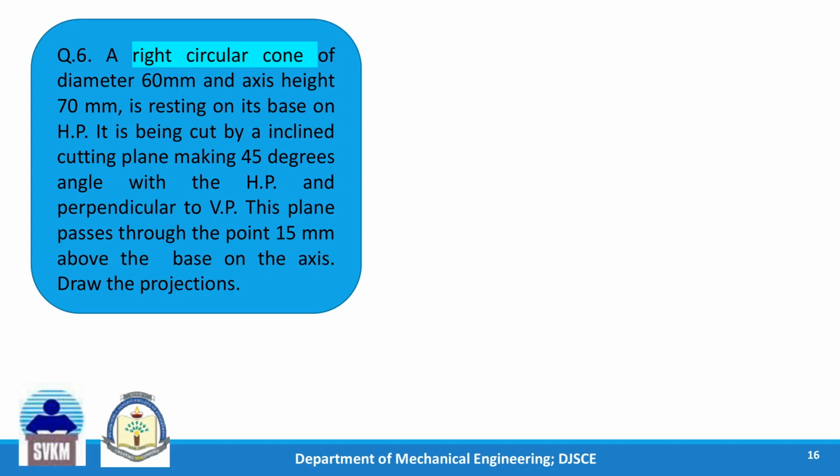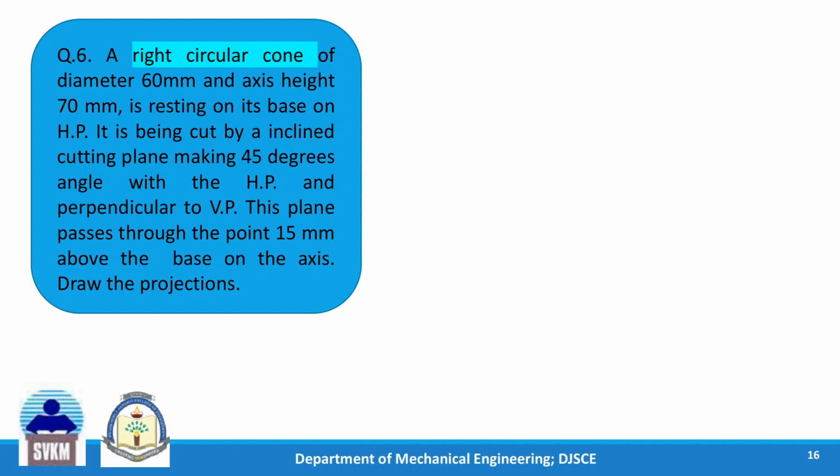So this is an auxiliary inclined plane. This plane passes through the point 15 mm above the base on the axis. Now from which point it is passing, it is given. It is 15 mm above the base on the axis, and we are supposed to draw the projections for this.